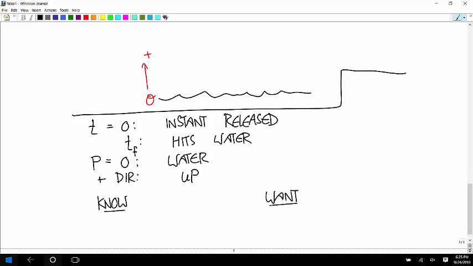Okay, so I'm going to go in order: time final, acceleration, positions, velocity. Yeah, for the free fall ones, this is just how I always do it.